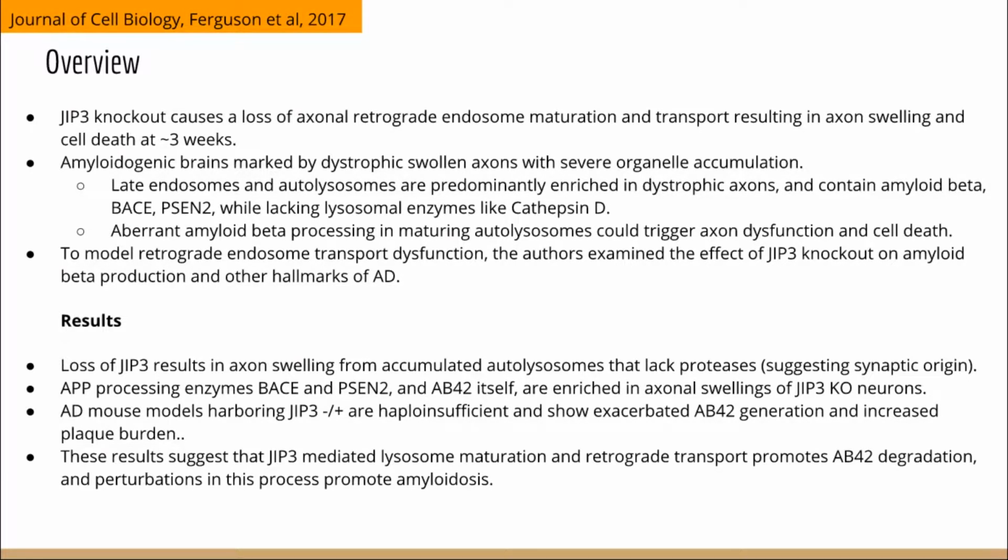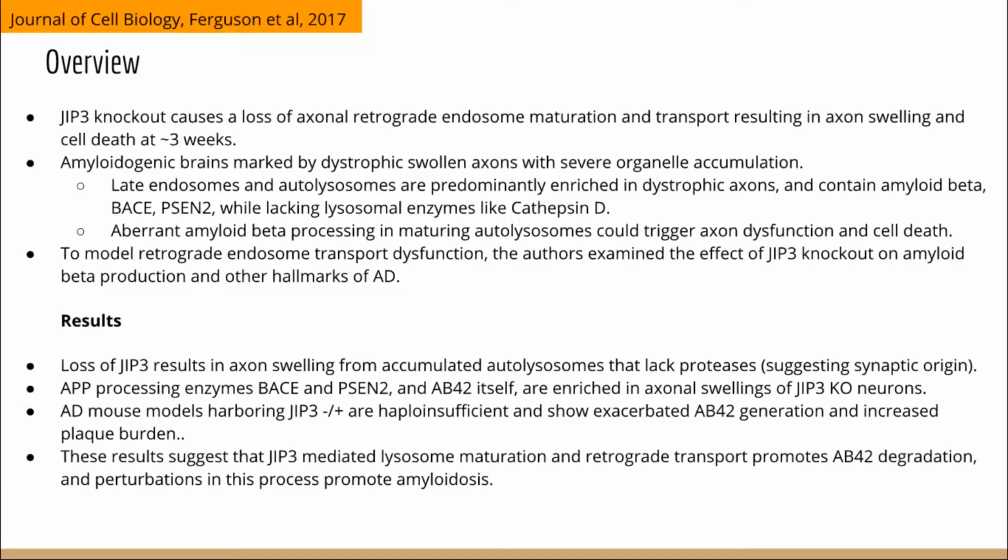In Alzheimer's disease, these swollen axons are saturated with late endosomes and autolysosomes, which are basically a combination of an autophagosome and a lysosome. But both of these vesicles are chock full of amyloid beta. They're also full of its processing enzymes BACE and presenilin 1 and 2, as well as APP itself.